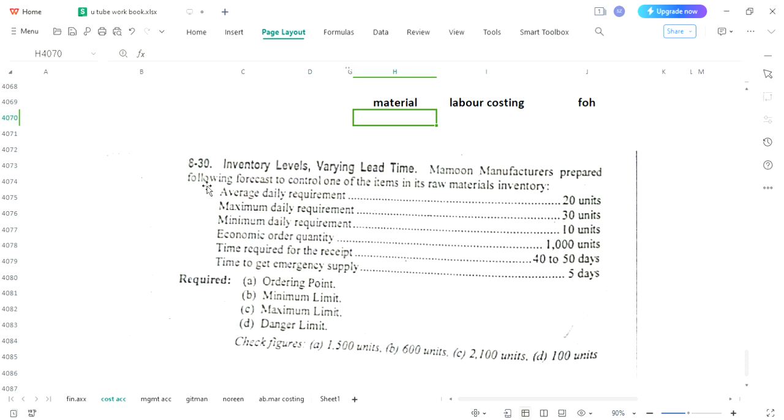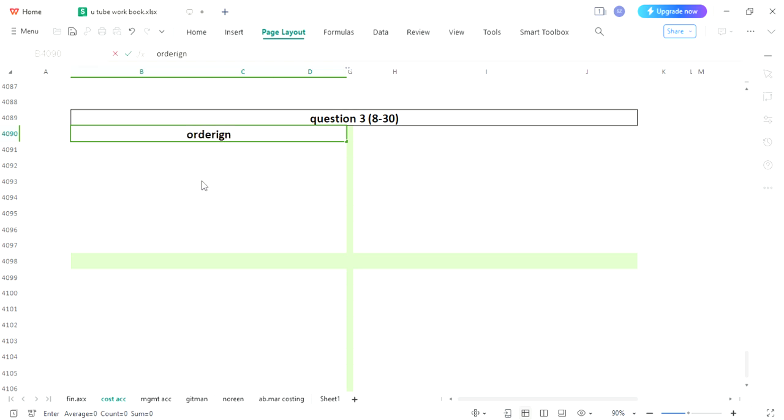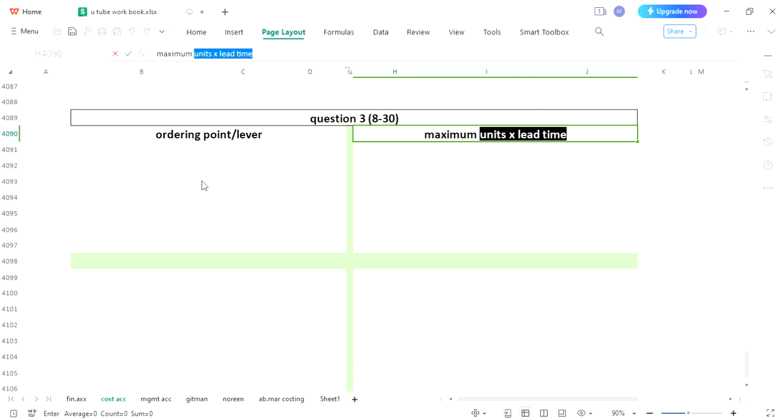So yet another way of controlling the cost of material is in front of you. We have already solved two questions where we have seen four major elements related to material costing. Let me remind you of these four factors. The very first was the ordering point, also called the ordering level.